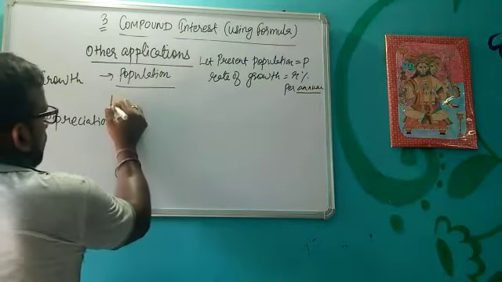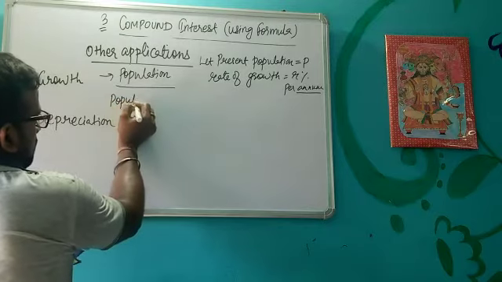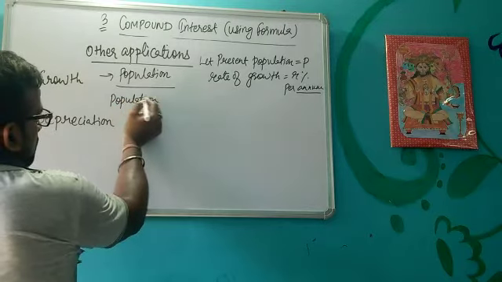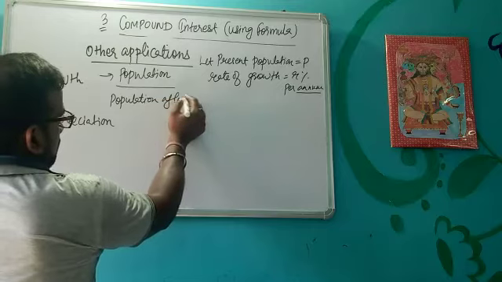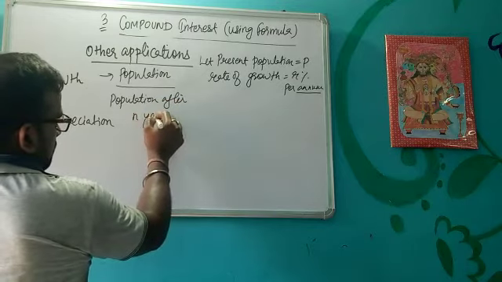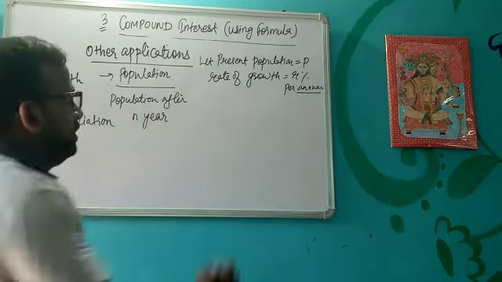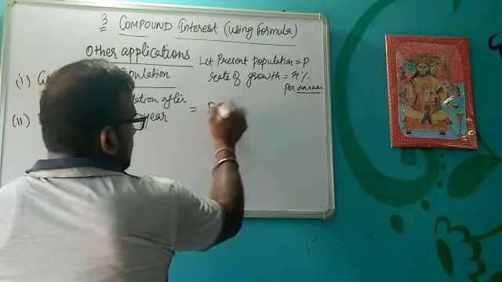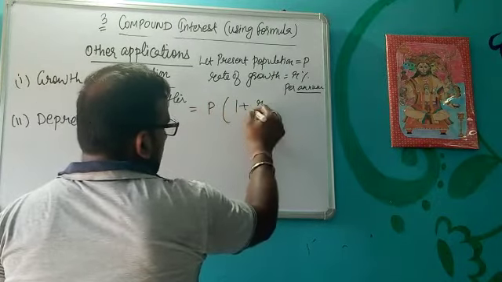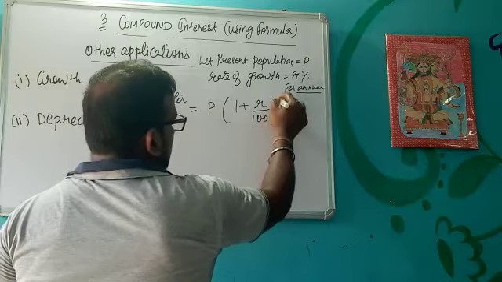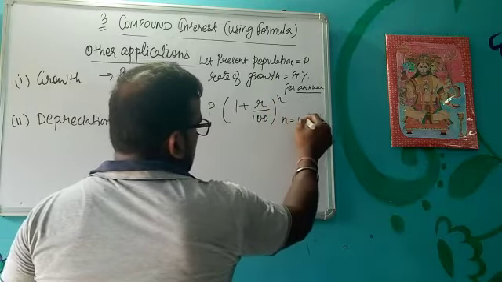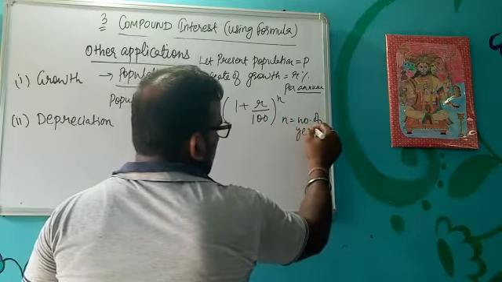So the population after n years or n periods will be P into (1 plus R upon 100) to the power n, where n is the number of years.